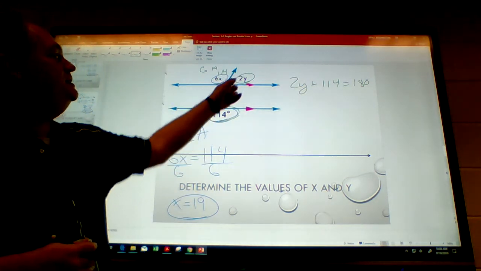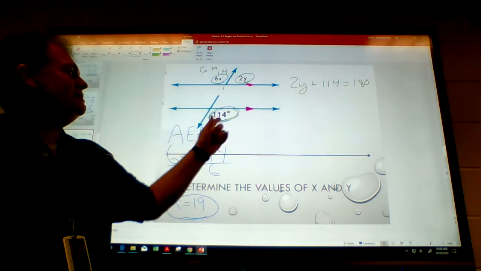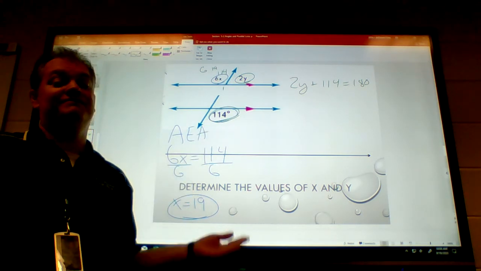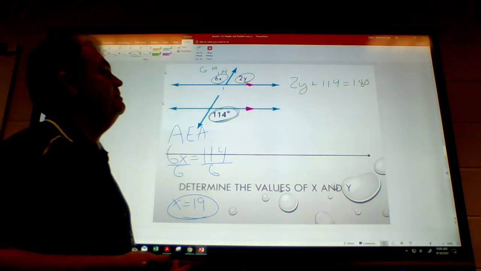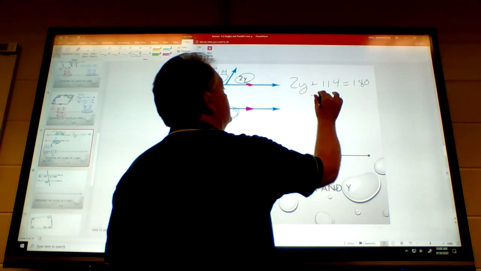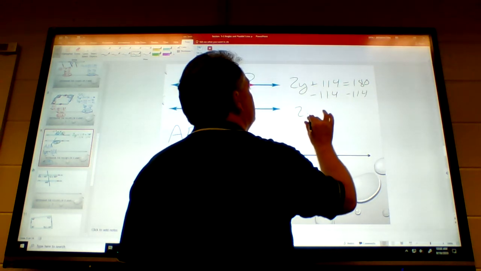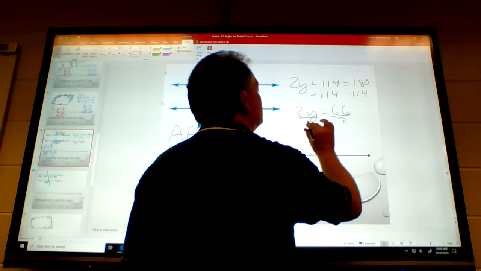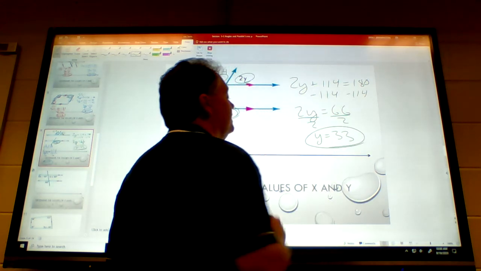I could also say that these two are congruent, or these two are supplementary as well. Now, these two right here, they're what's called same side exterior. Now, we don't use that very much, but they are supplementary. Just like same side interior, they're supplementary to each other as well. So I subtract 114, and then 2y equals 66. So y equals 33. All right.